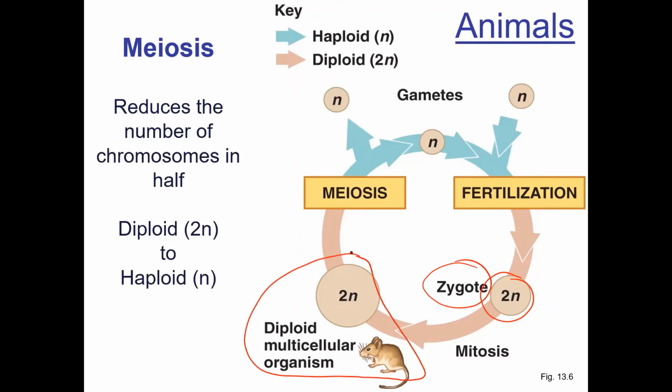So that's great. What about when we want to reproduce? Some of our cells undergo meiosis. So they go from a 2N to an N, from diploid to haploid. If you are a woman, that would be an egg cell. If you're a man, that would be a sperm cell. And so you can see we have a haploid cell here from one individual and a haploid cell from another individual, and then that would be what fertilization is.